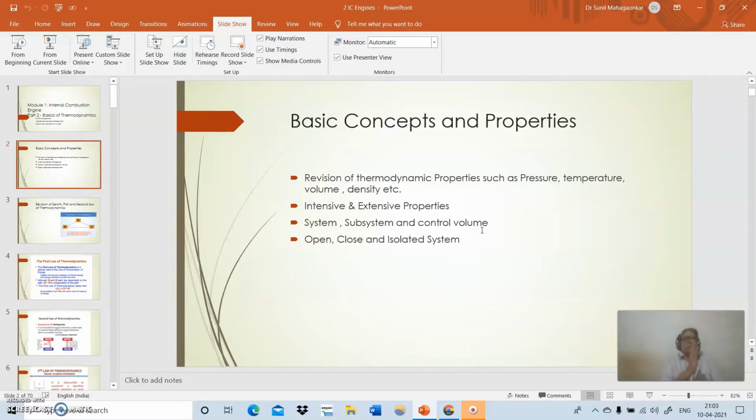If I know a particular volume and multiply by the density of that substance, mass is equal to volume into density. Hence that is called a property of the system.